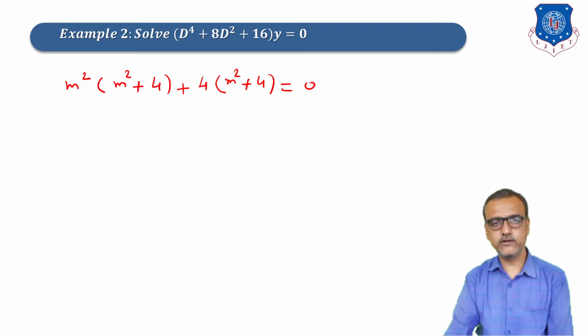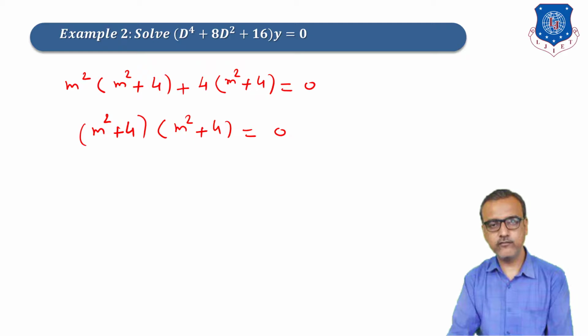Now taking m square plus 4 common from this whole expression, we have m square plus 4 in one bracket and m square plus 4 in another bracket. Now we will equate these two factors to 0. So we have m square plus 4 equals 0, or second factor m square plus 4 equals 0.